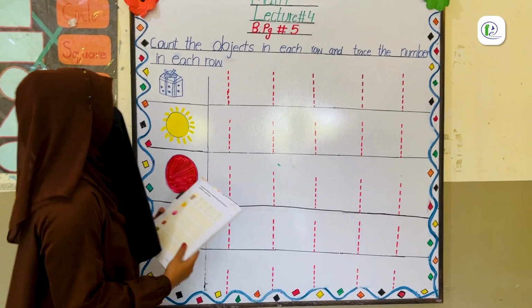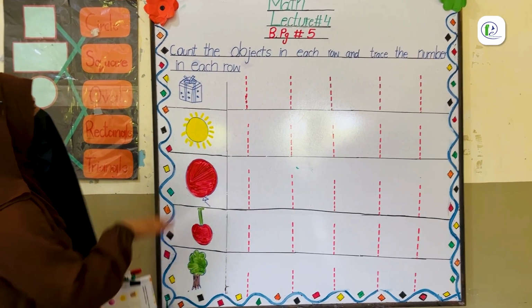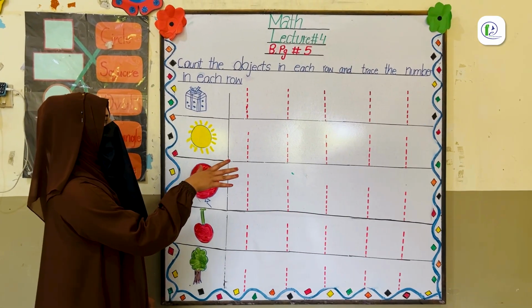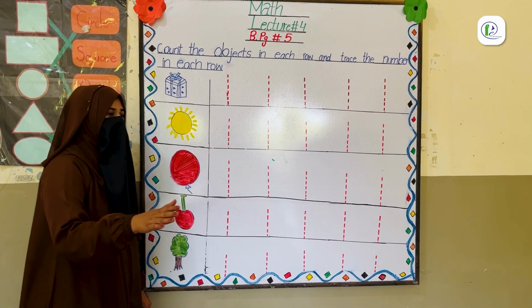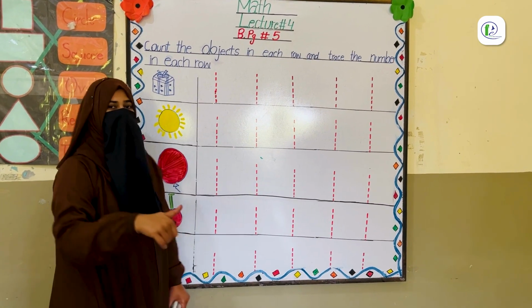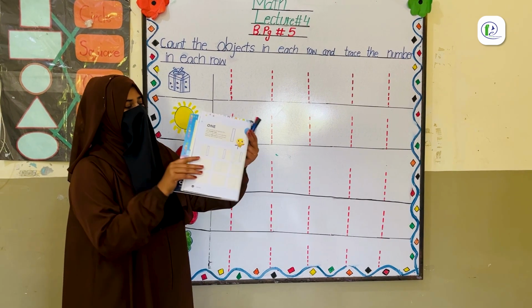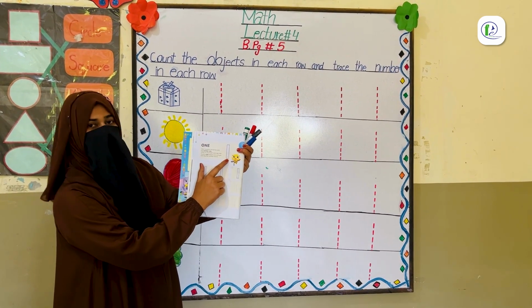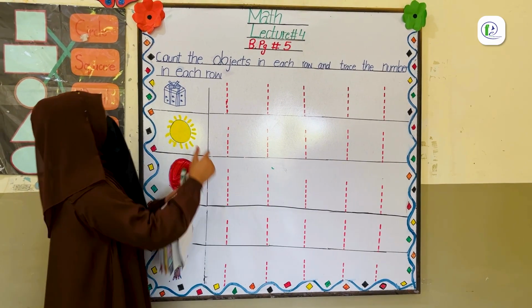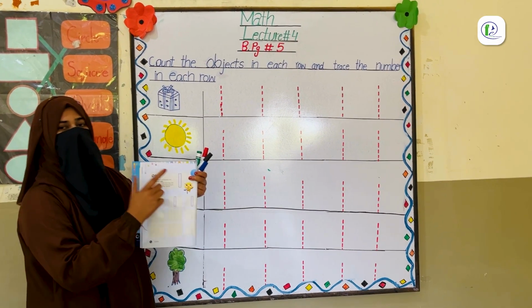Good. Okay, students, here is an activity about number 1. If we discuss this number, then we will go to the previous lecture, which is this one. It is 1. We do an activity about number 1.